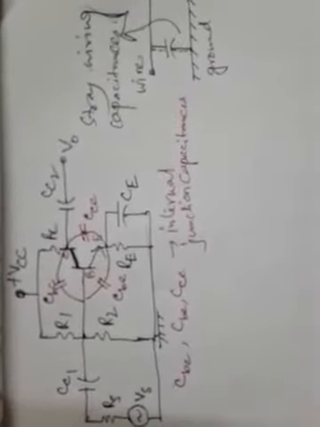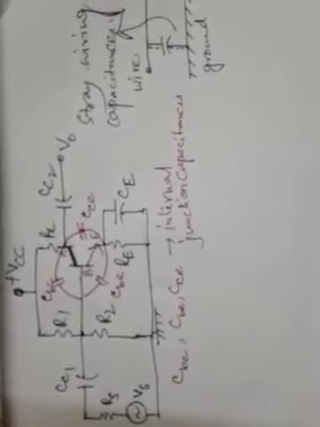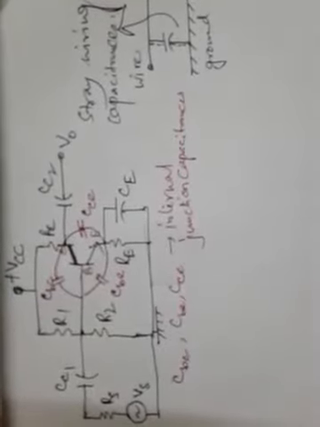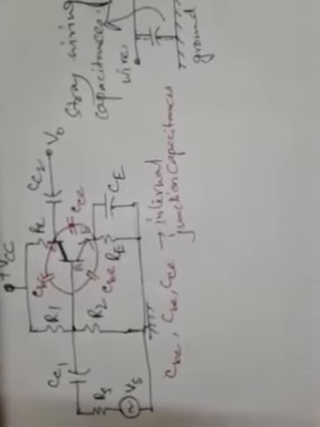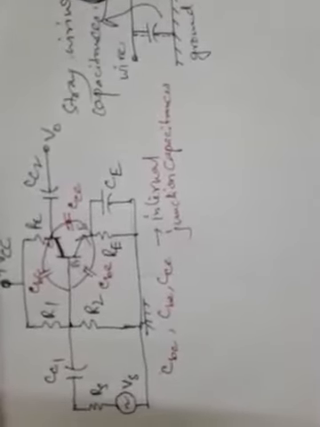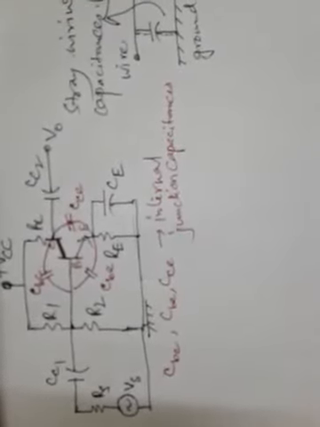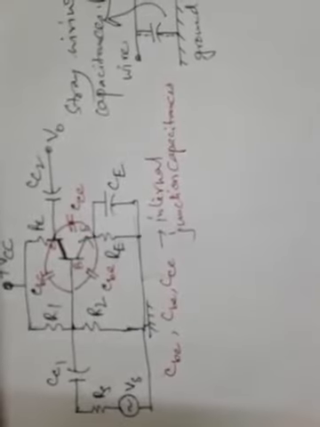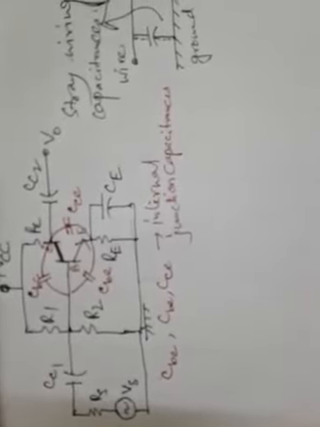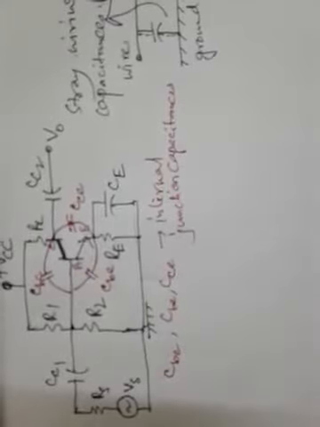So because of these things we understand that there will be some problems for the high frequency response of the BJT amplifier in getting the voltage gain established at a certain respectable value.